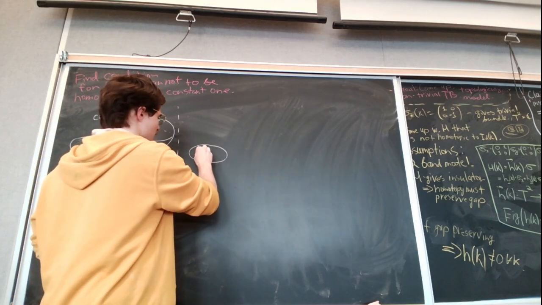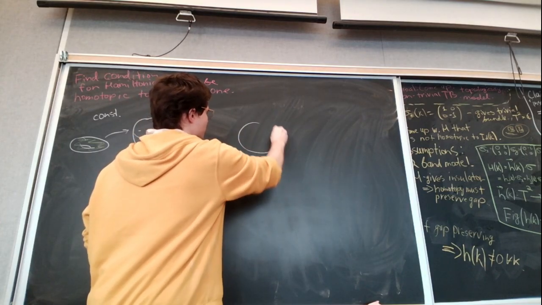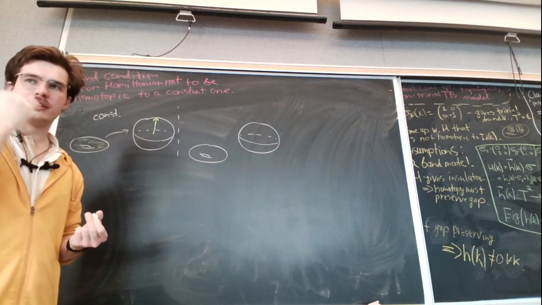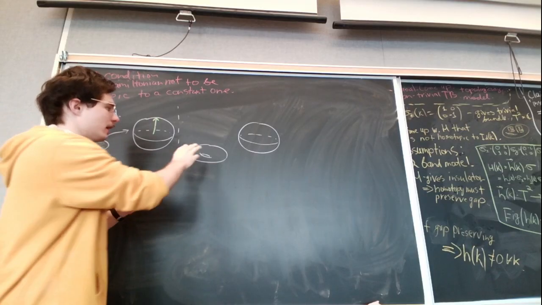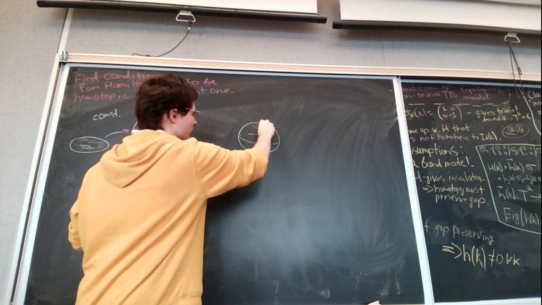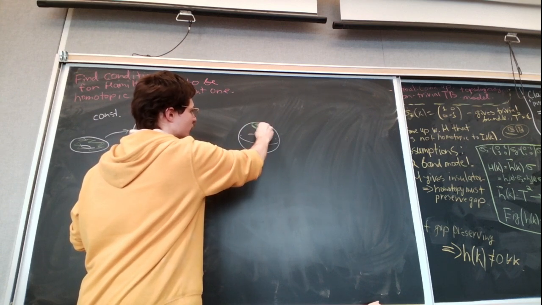Suppose I had my torus, and instead of mapping every point to a constant vector, suppose the image of this torus was contained in a small region.